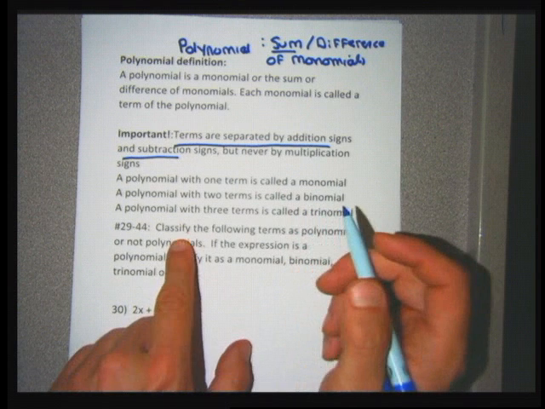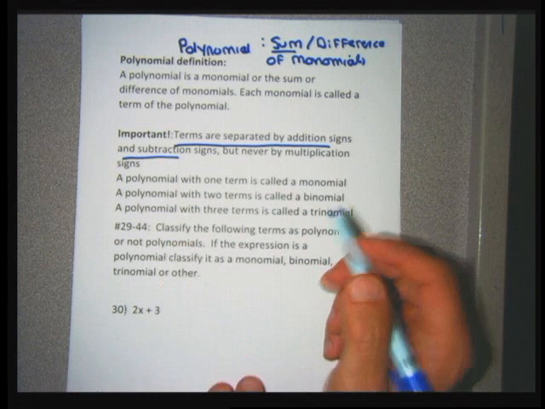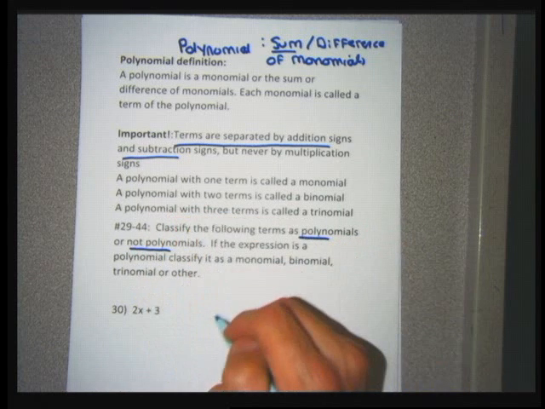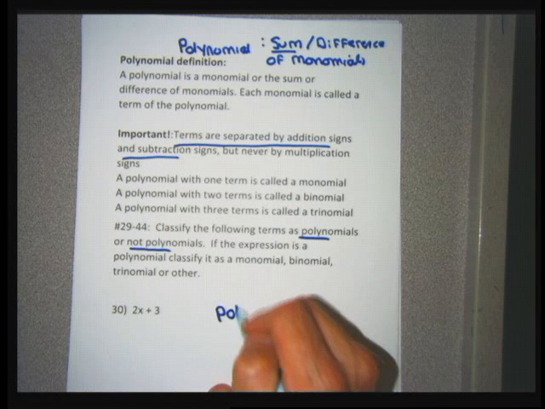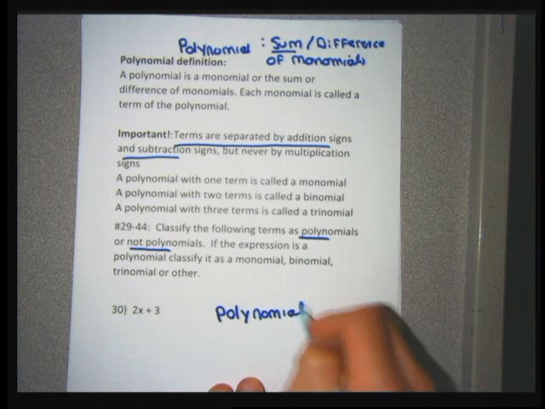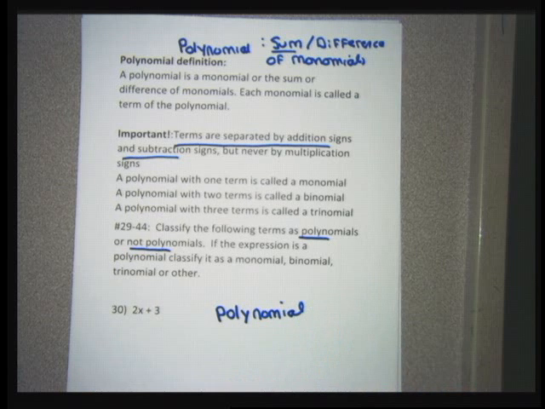And in problems 29 through 44, I'm supposed to first say whether this is a polynomial or not. And this is a polynomial because it's a sum of monomials. And then we're supposed to, if it's a polynomial, classify it into a subcategory.